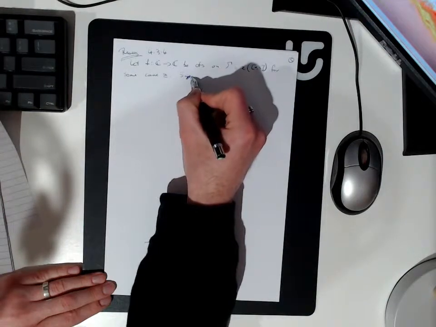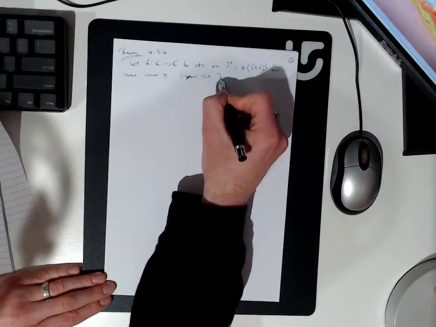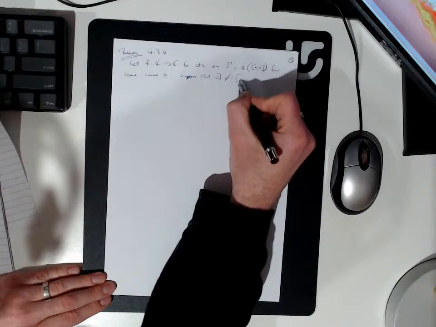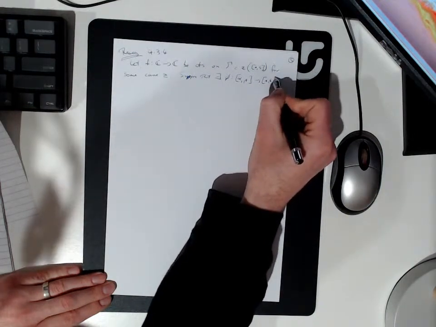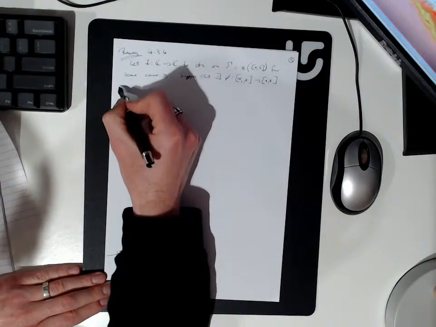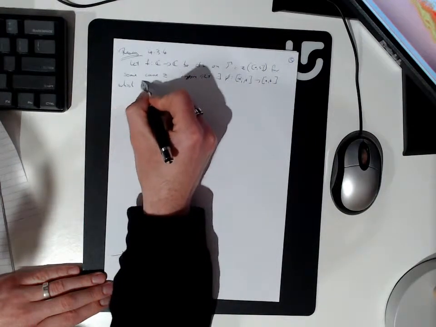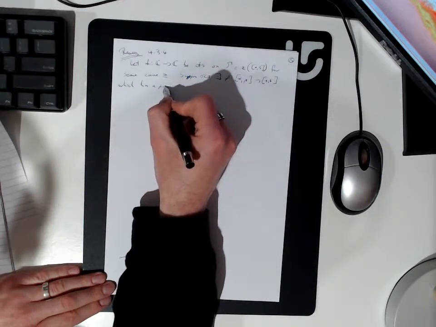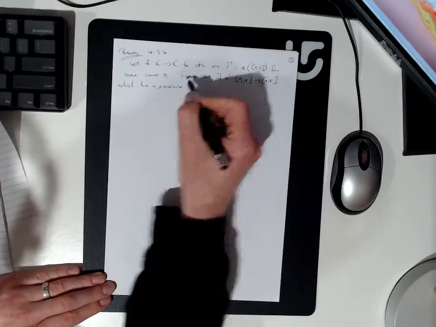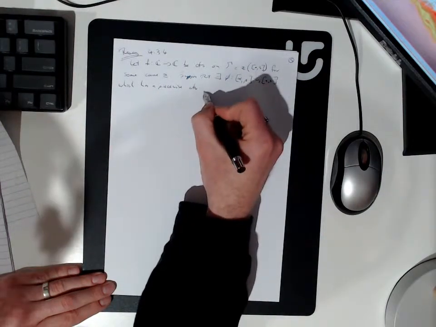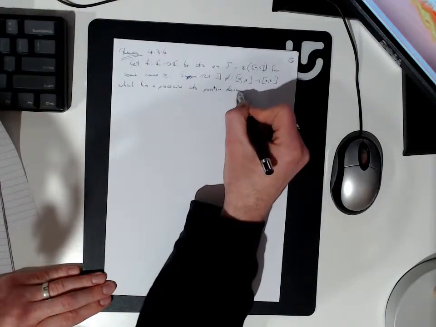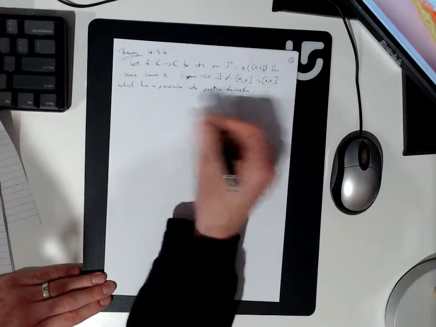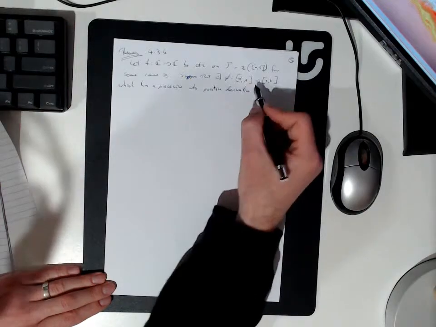Suppose that there exists phi from [alpha, beta] into [a, b] which has a piecewise continuous positive derivative. So these are the usual conditions for a change of parameter.